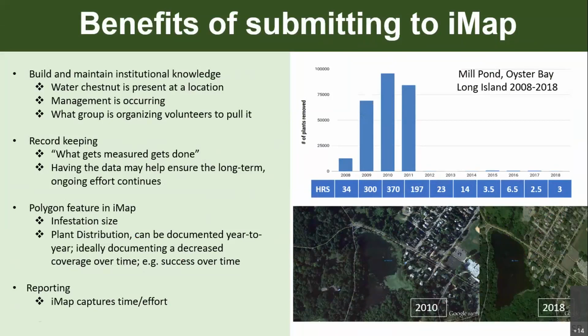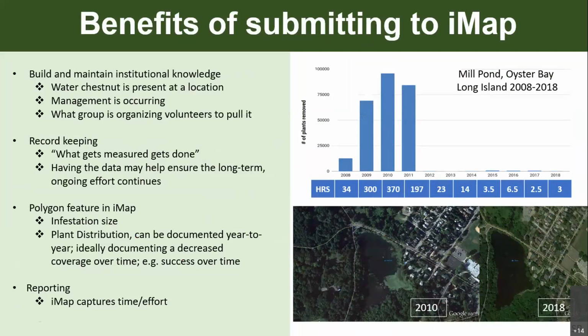You'll know where it is on your particular site, what kind of management occurred and when. So maybe you managed in June this year, but August the following year, and you missed the seed. So you can look at that local phenology, potentially using these data, and also look at who you need to work with to organize your individual pulls.